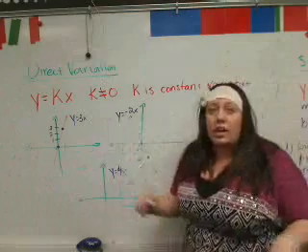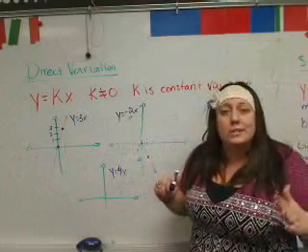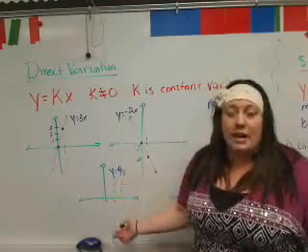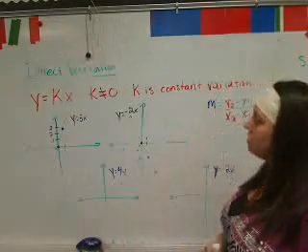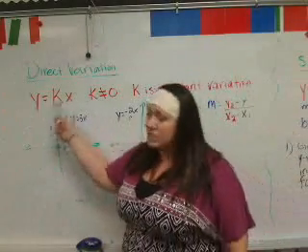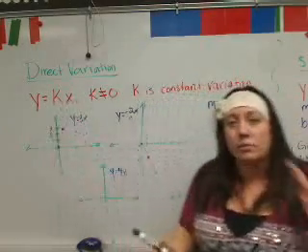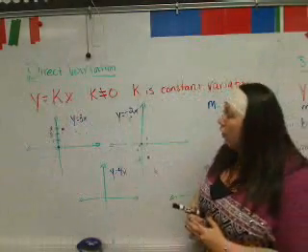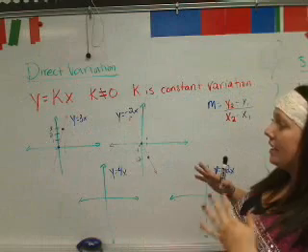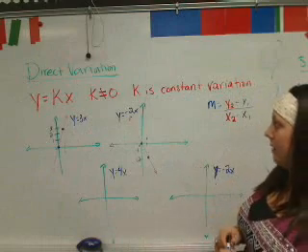So if you're looking at a graph and you see that it goes through point 0, 0, you can automatically assume it has direct variation. Then also, if it's set up in this form here, y equals kx, or if you can move the equation around at all to make it y equals kx, okay?